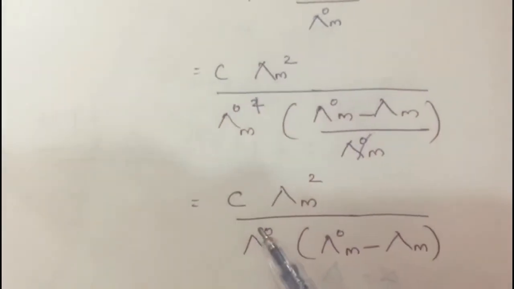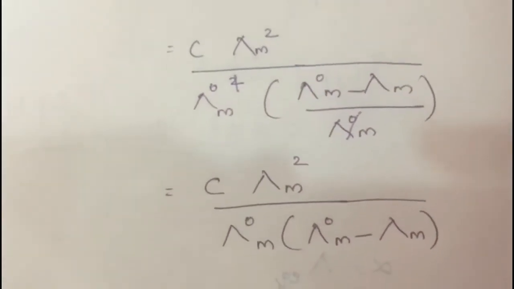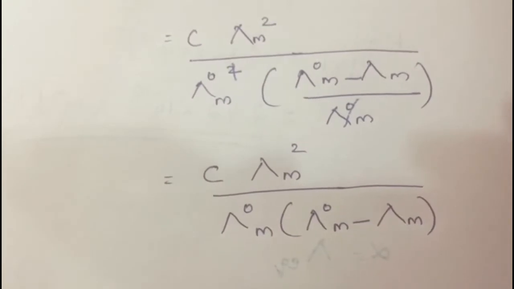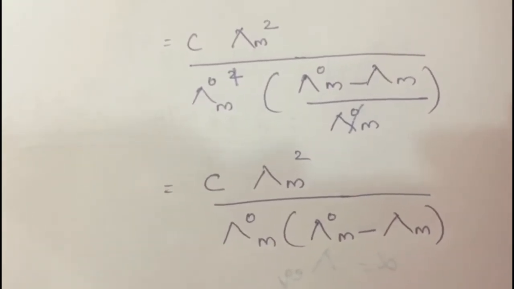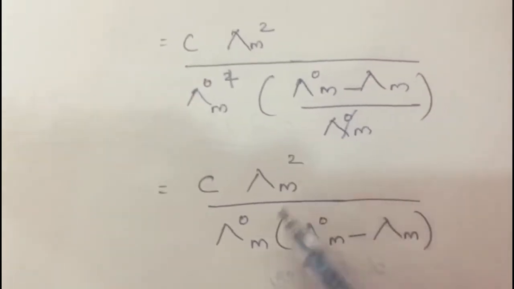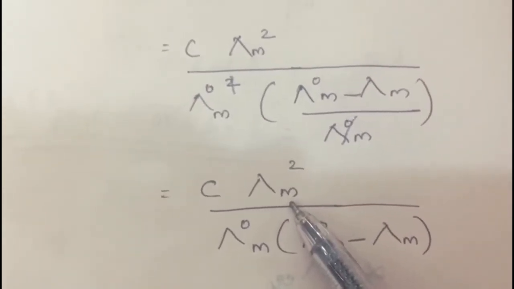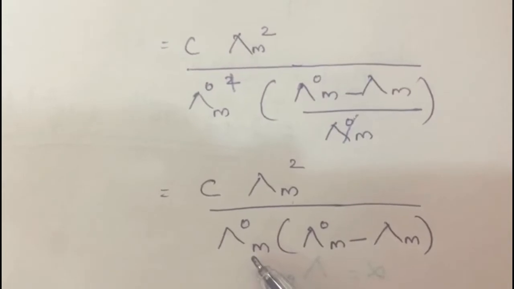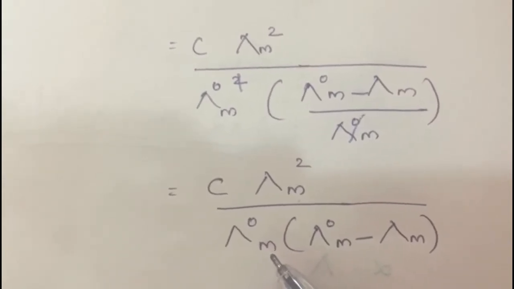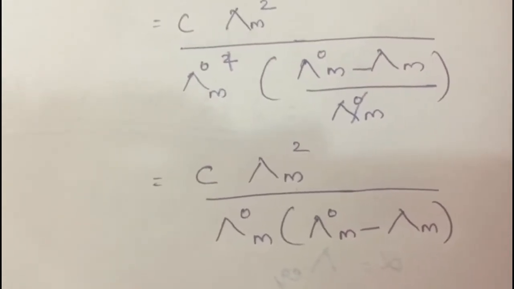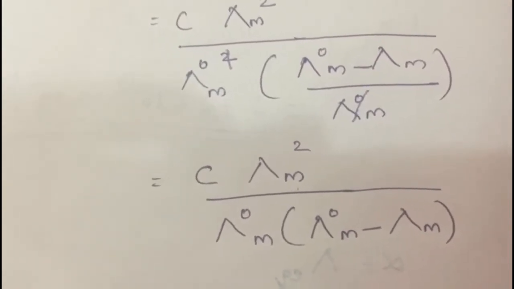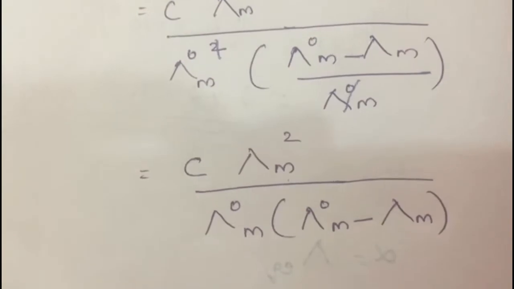So the answer will be C into lambda m square divided by lambda 0 m into lambda 0 m minus lambda m. Here lambda m is the molar conductance at a given concentration, lambda 0 m is the molar conductance at infinite dilution and C is the concentration. So using all these we can calculate the dissociation constant of weak electrolyte.